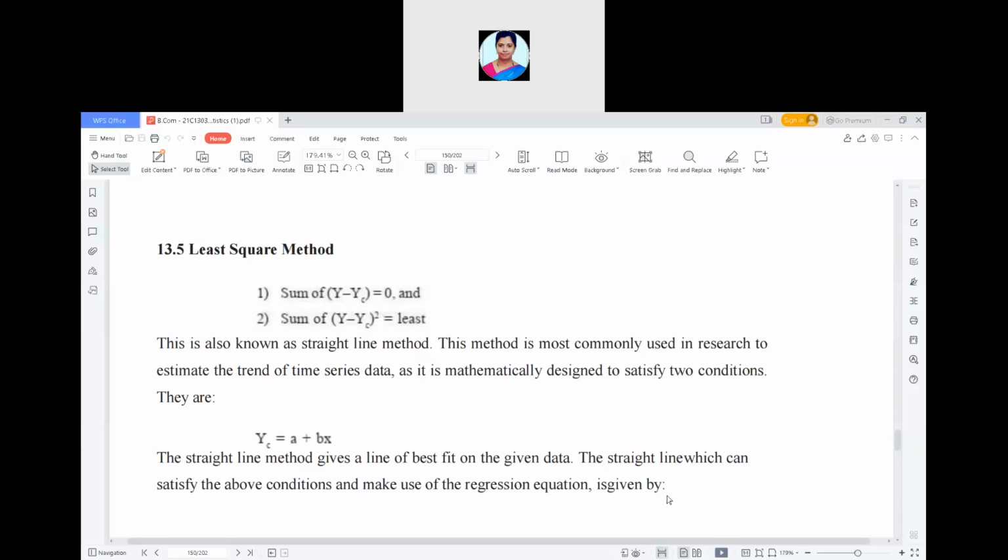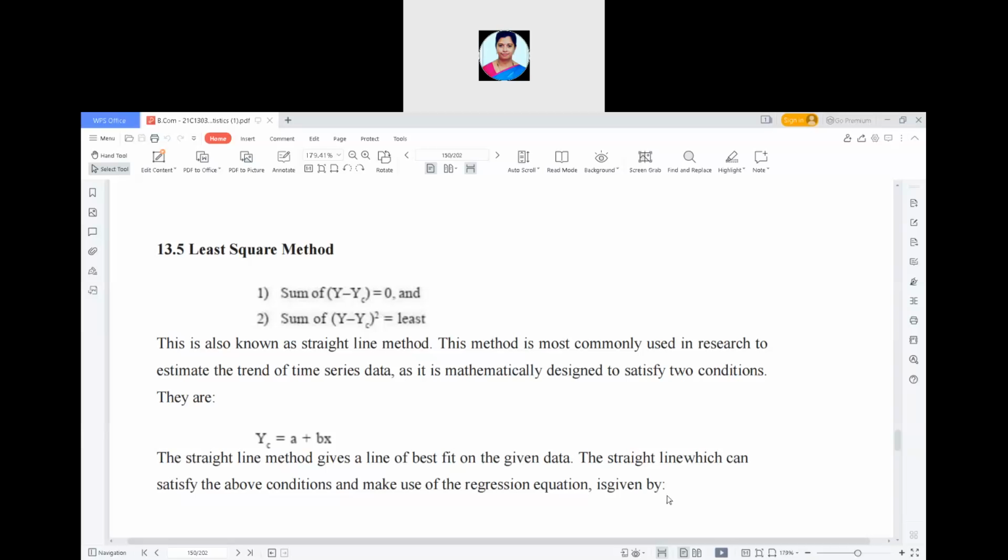Okay, so the straight line trend is represented by the equation yc equal to a plus bx, where yc is used to denote the trend values to distinguish them from actual y values.